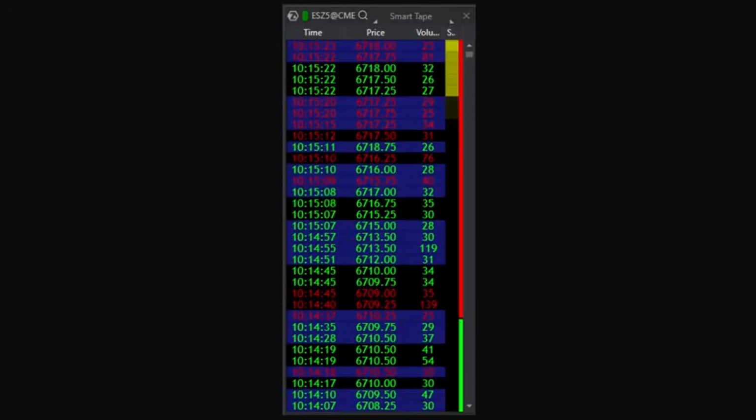So when we see level 2 coming up on the tape, that means that that order, however many contracts that order was, which by the way is on the right side here, these are the contracts coming in, was too large to be filled on level 1.